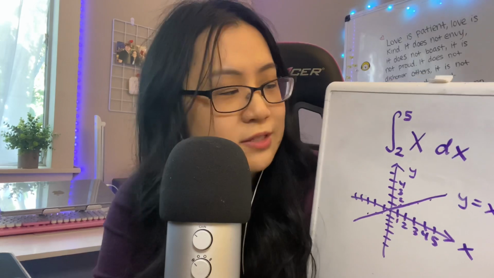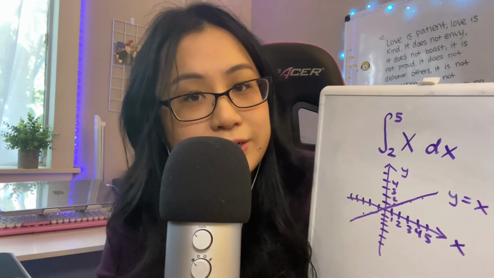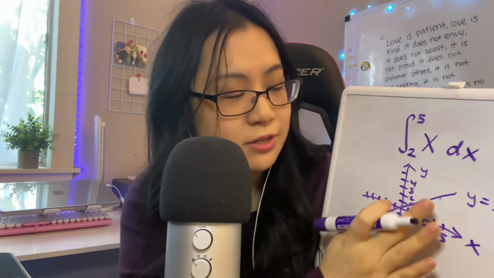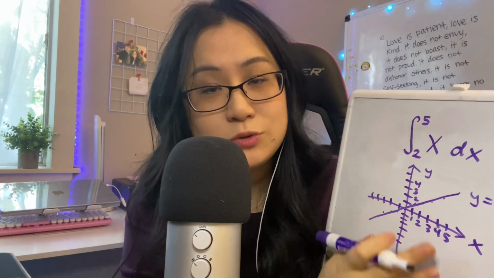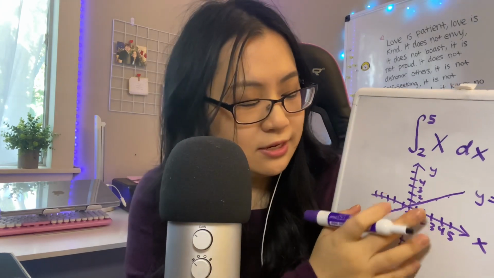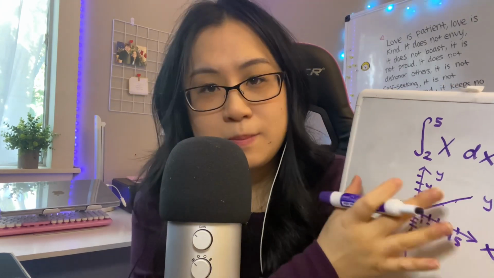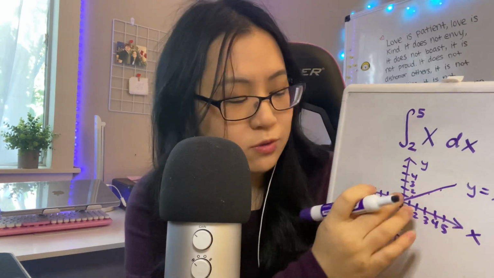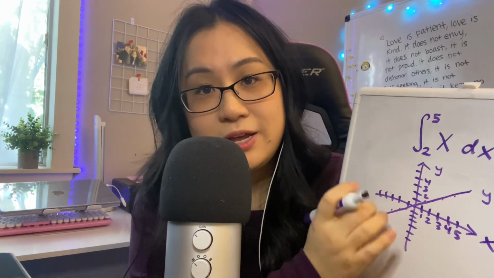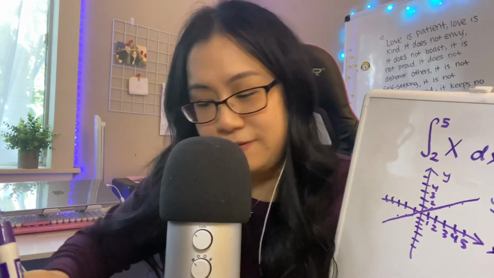And so what this integral means is I want to find the area underneath this y equals x, or between y equals x and the x-axis. And if the part of the domain that we're looking at goes below the x-axis, then that integral will be negative. I actually have another video that covers this that you can check out if you are interested.